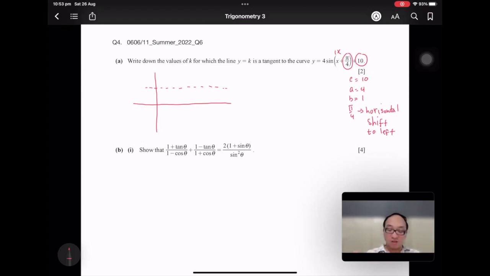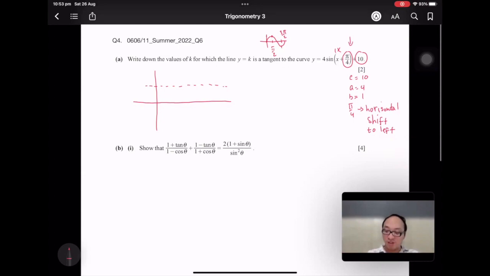So for the original function, we will have sine start from 0, maximum at 90 degrees or pi over 2, minimum at 3 pi over 2. But now it shifts by pi over 4 to the left.